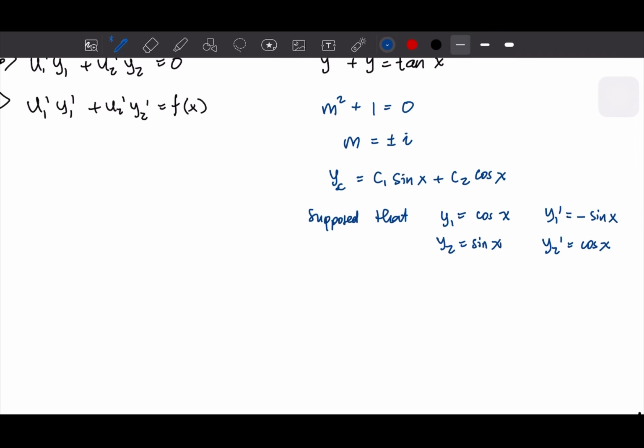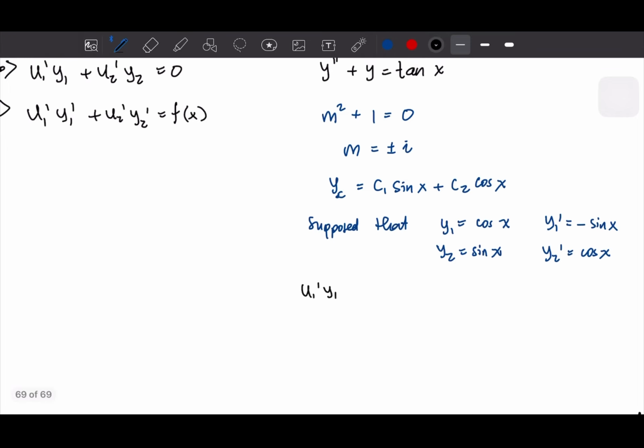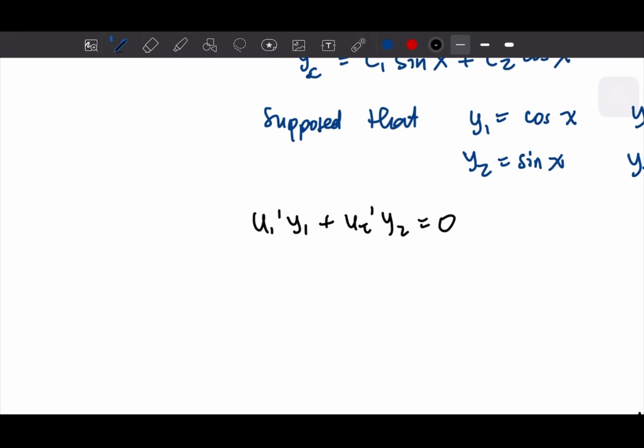Let me write again. u1 prime y1 plus u2 prime y2 equals 0. So we will have u1 prime cosine x plus u2 prime sine x equals 0.